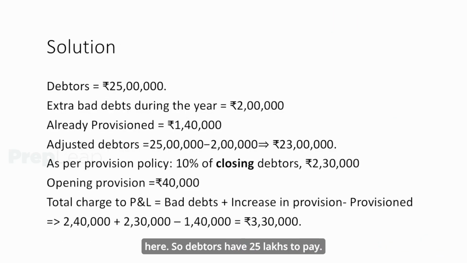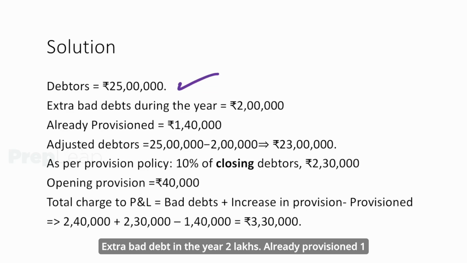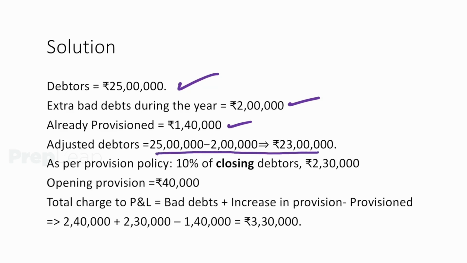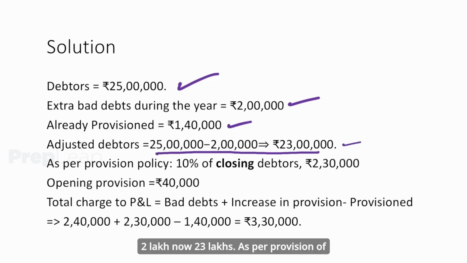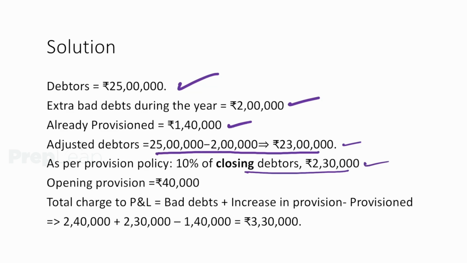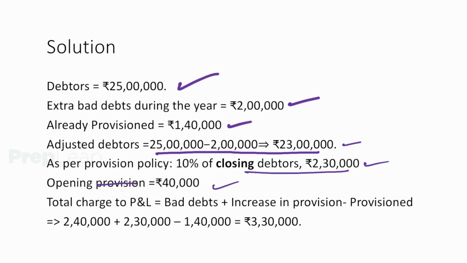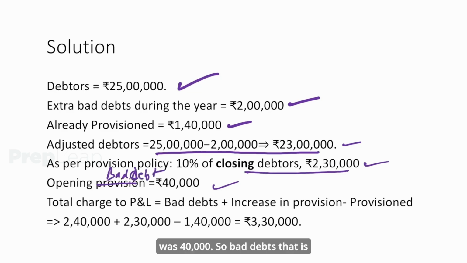Let's check the solution here. So debtors have 25 lakhs to pay. Extra bad debt in the year is 2 lakhs. Already provisioned 1,40,000. Adjusted debt was 2 lakh, now 23 lakhs. As per the provision policy, we provision 2,30,000. Opening provisions, or opening bad debt, I would rather say, was 40,000.